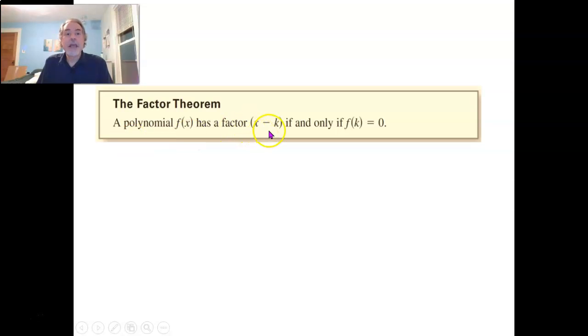And that means that what we were dividing by, x minus k, is a factor of that polynomial. So the factor theorem says that a polynomial has a factor of x minus some number k if and only if that number is a 0 of that polynomial function.